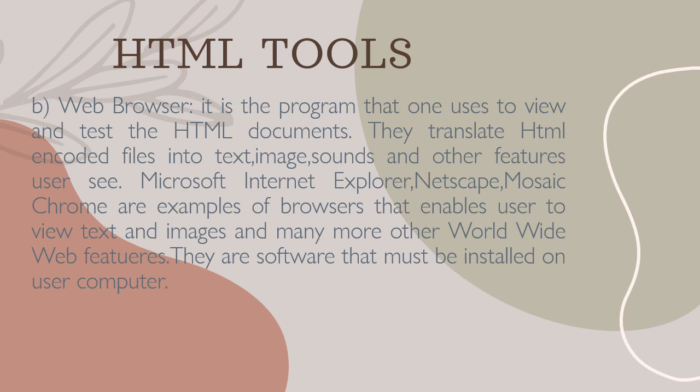Sorry, the next slide contains web browser. It will discuss... let me take pencil. It is the program that one uses to view and test the HTML documents. They translate the HTML encoded files into the text, images, sounds, and the other features users see.